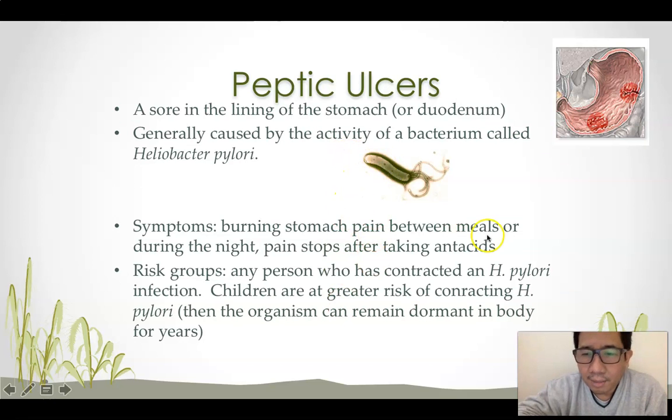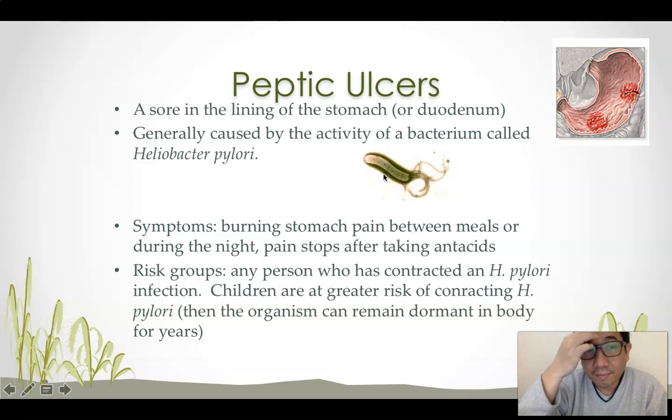Next one is peptic ulcer. Peptic ulcer is when you have an ulcer or sore inside your stomach. Peptic refers to your stomach. The key term to remember is H. pylori. Every time you see this disease, think of H. pylori. This is a specific bacteria. It looks like this, this little lovely guy here.